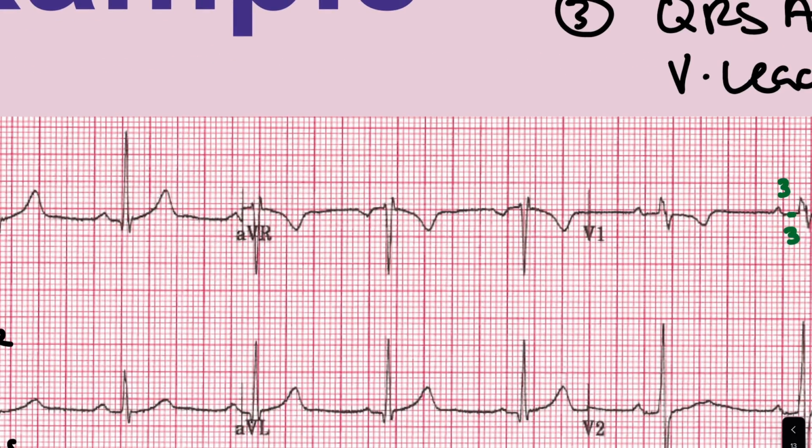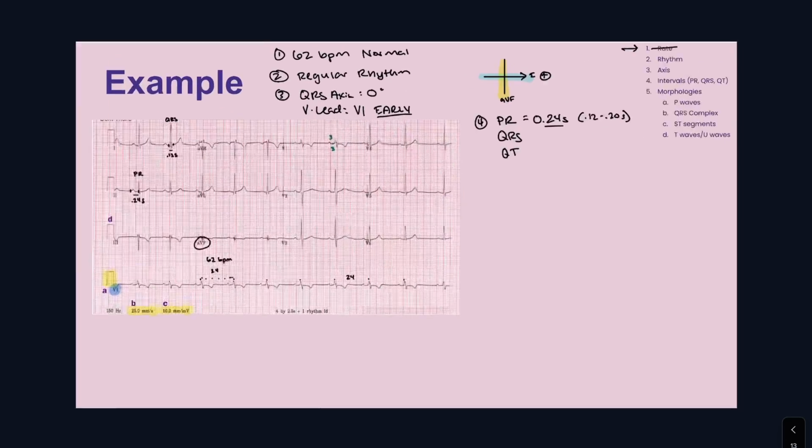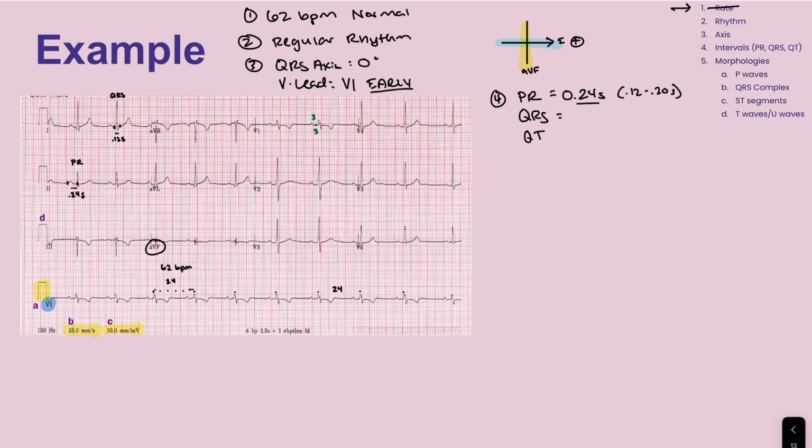Let's choose this guy over here. Okay. We're going to go ahead and mark the beginning, mark the end. That's about 1, 2, 3 small boxes, which will give us 0.12 seconds for our QRS complex interval. And then lastly, our QT.